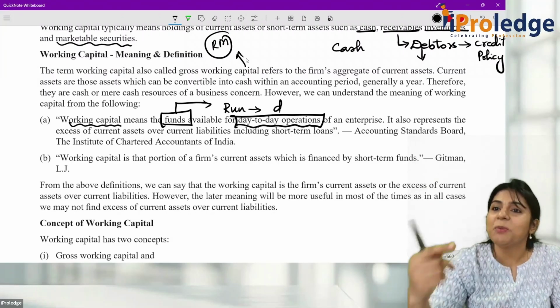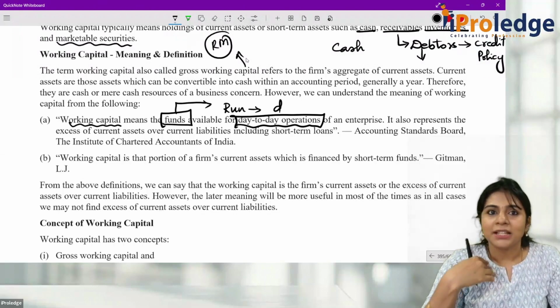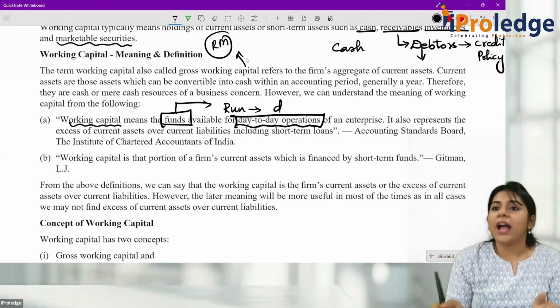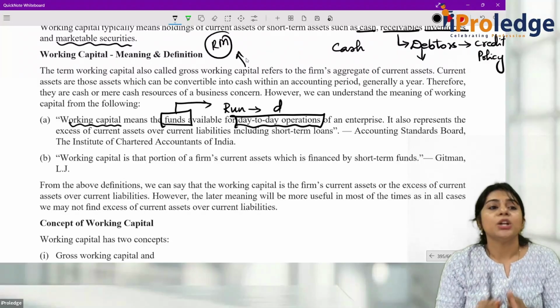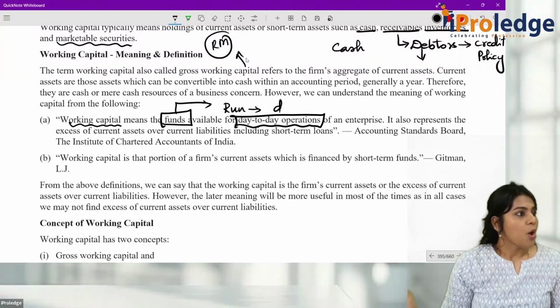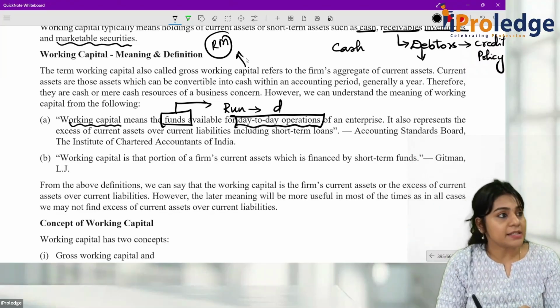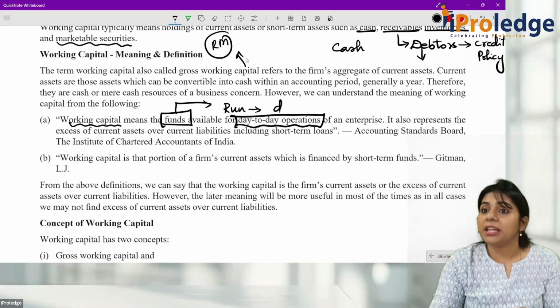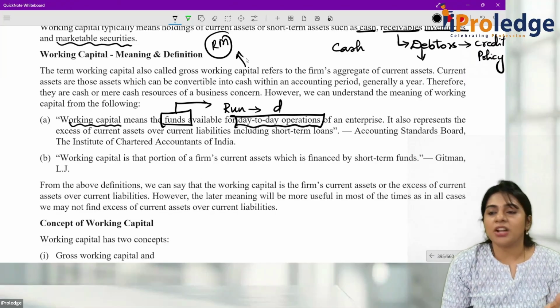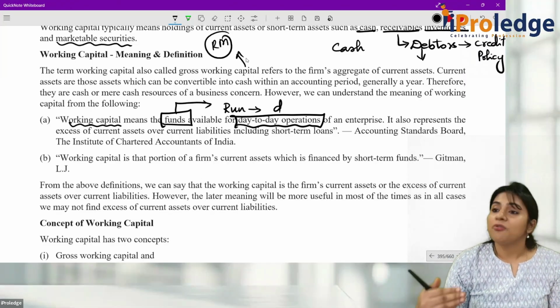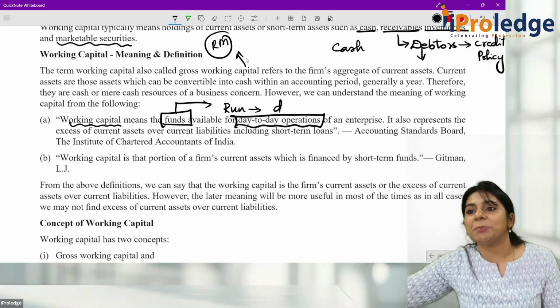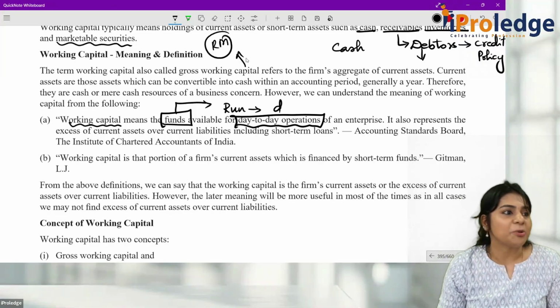Similarly, the less time I give to my debtors is better for me. You understood? Basically, do I have enough cash with me to run my day-to-day operation? One, cash I have to maintain, other, I have to receive from my debtors, right? So the lesser the time I give to them, the better. But generally, because of competition, we have to abide by what my competitor is giving. Otherwise, nobody will come to me.